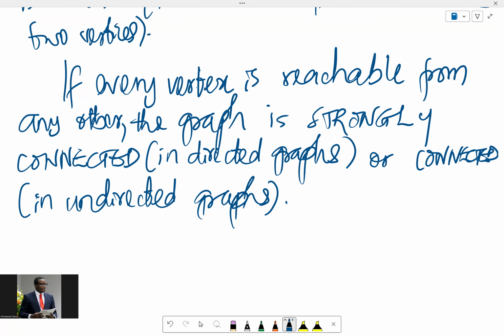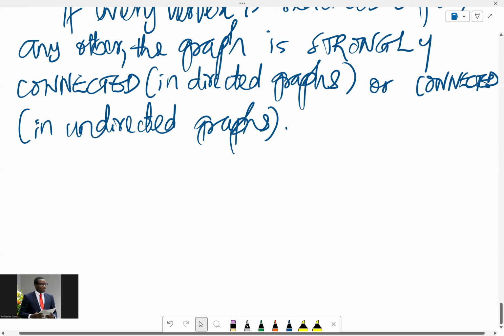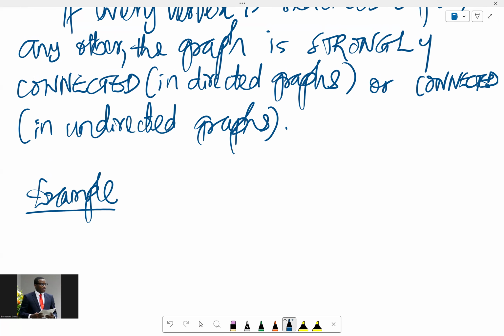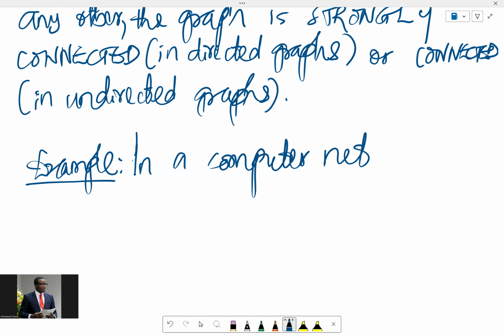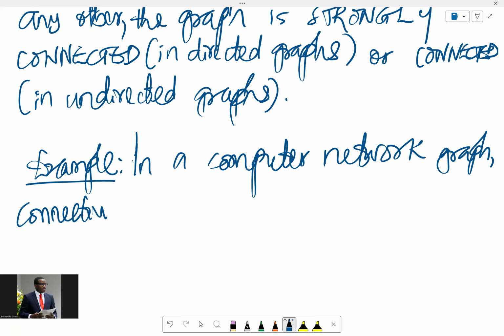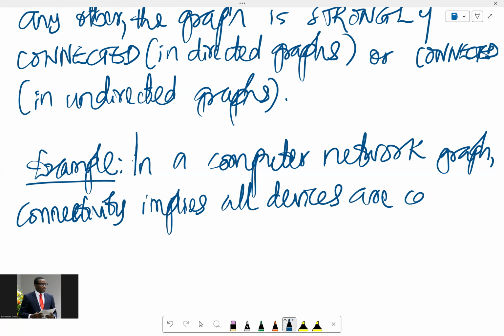An example of this would be a computer network. In a computer network graph, connectivity implies all devices are capable of communicating.